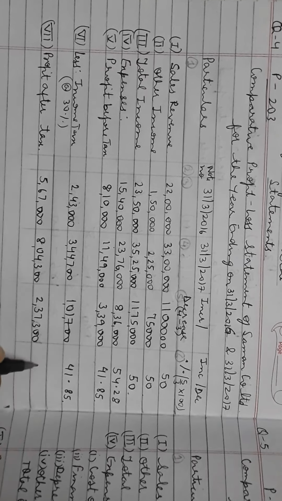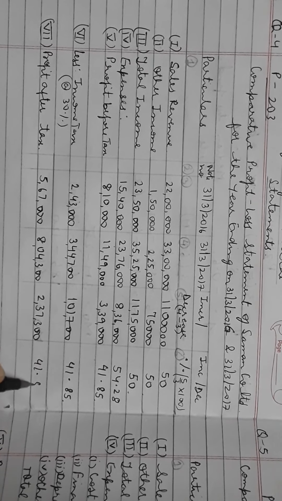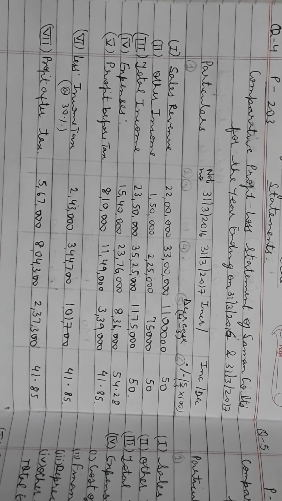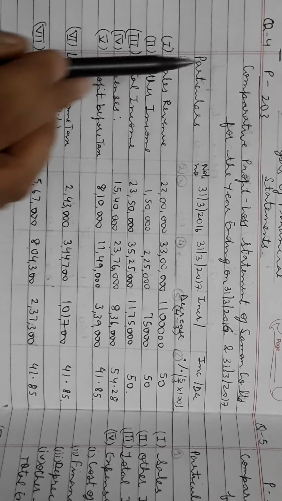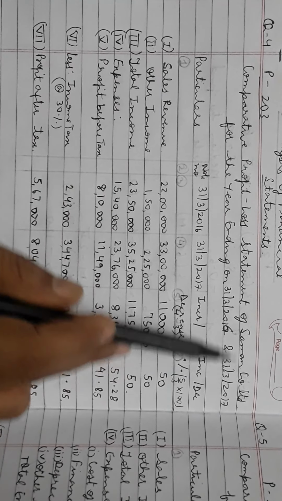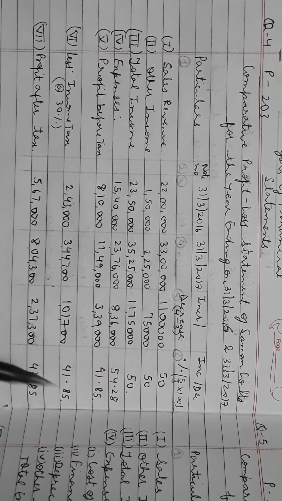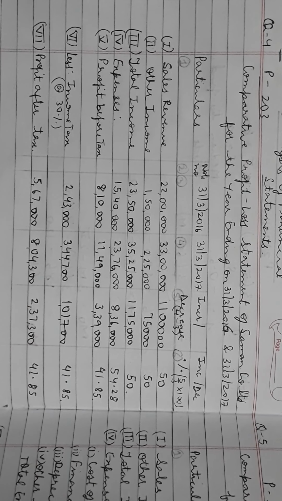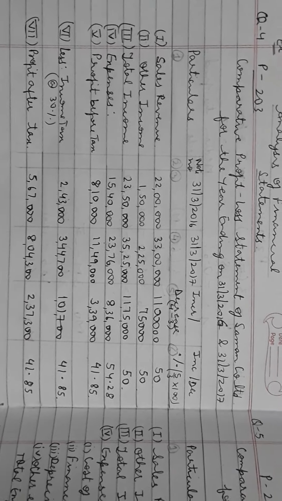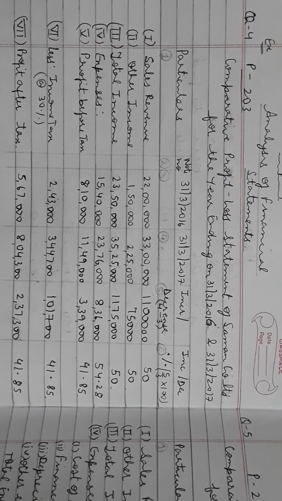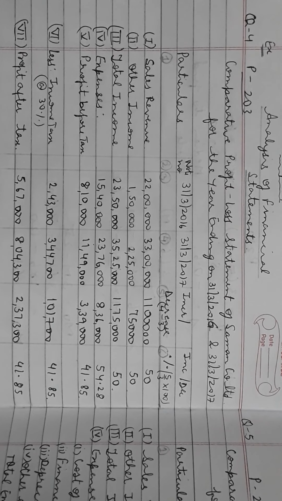So this is again 41.85. Now this way we have to solve the complete sum. Complete heading, name of company, year ending should be given, proper format to be prepared, then we have to solve the sum. This is sum number 4, page number 203 of the exercise we have solved. You have to do this in your notebook.